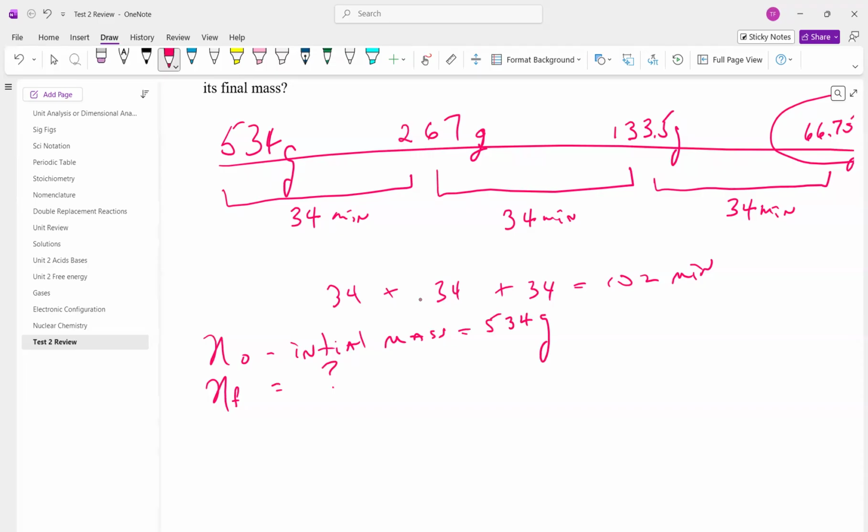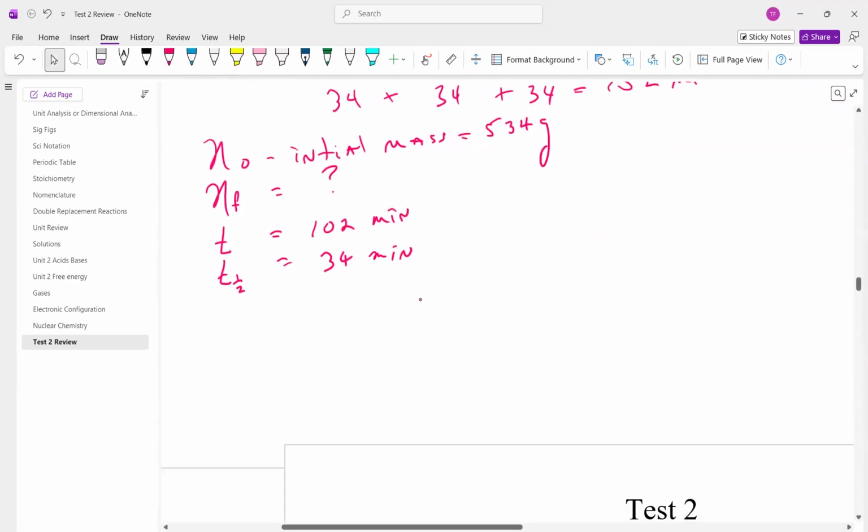And what else? The elapsed time is 102 minutes. Half-life is 34 minutes. So we're trying to find the final mass.